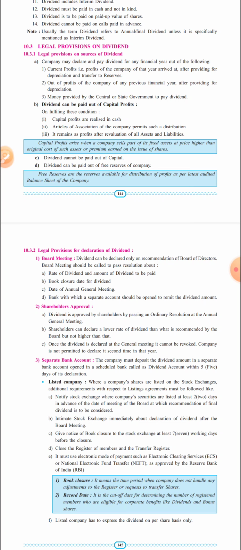Capital profit arises only when a company sells part of its fixed assets at a price higher than the original cost of such assets, or from the premium earned on the issue of shares.